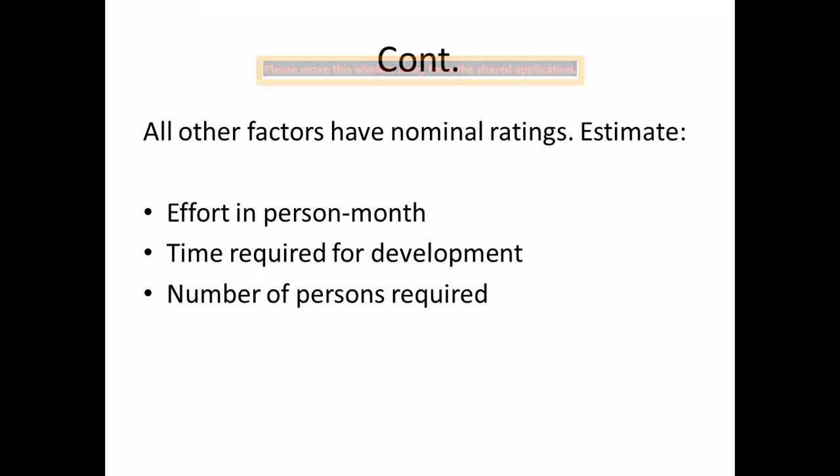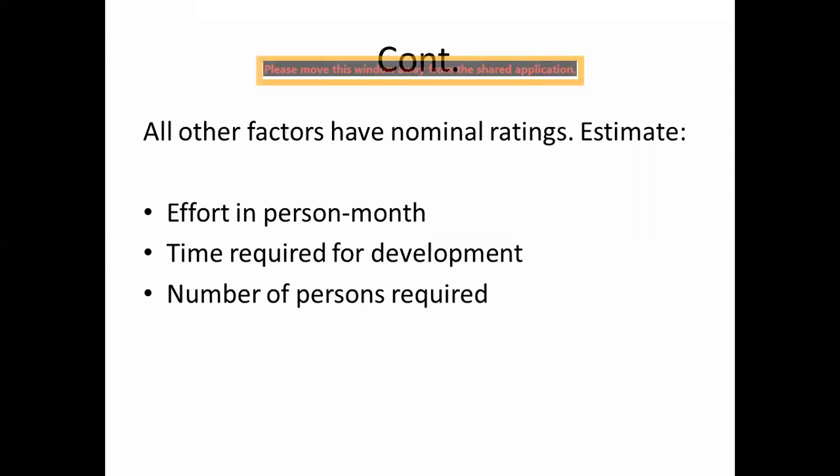You have already calculated the effort, capital E, so for time required for development the formula is capital D is equal to C into E to the power D. Again you have to choose the values of the constants C and D from the table against the organic project.